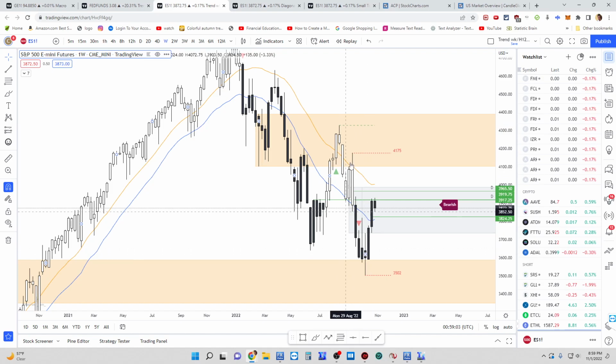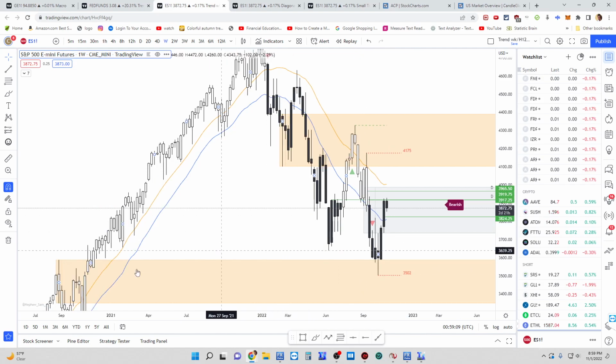And then just recently, about 3 or 4 weeks ago, we've retested the breaker that we broke out of on November 30th, 2020. It took us a full 2 years to retest that area.